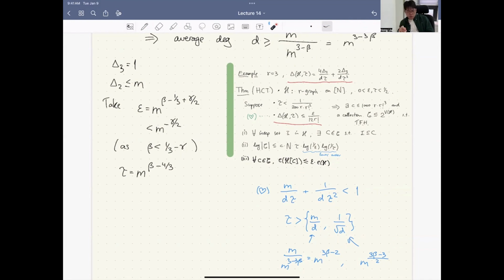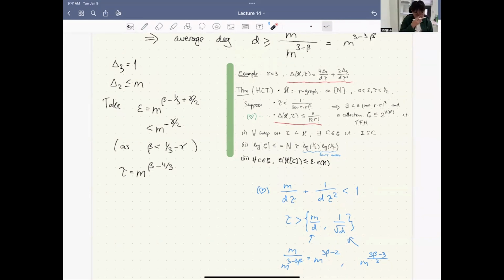Okay, so maybe there's some other inequality to optimize here when we try to do this iteration. So I will leave it as an exercise for you to check these details, why this choice of tau in this calculation is optimal.